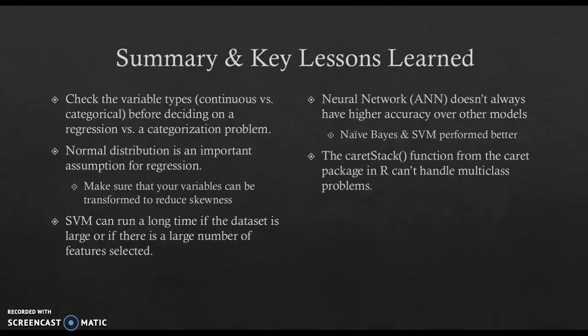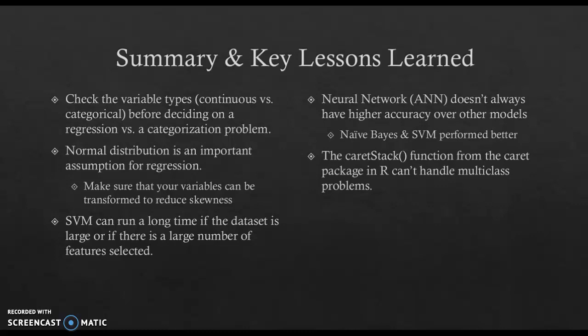So the lessons that I learned, there are so many from this project. I truly feel I learned a lot, but some of the key things that jump out at me are to check the variable types, whether they're continuous or categorical, and how many of them are in the data set, what really is the mix of the variables, and whether you can transform them before deciding on whether you will pursue a regression versus a categorization problem.